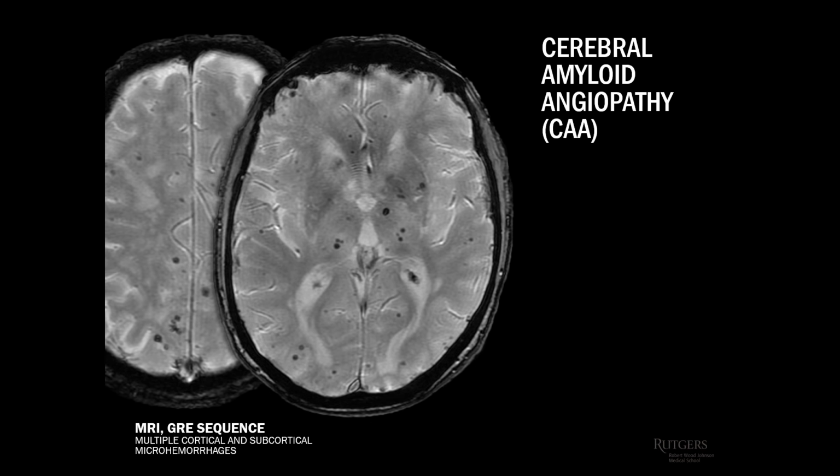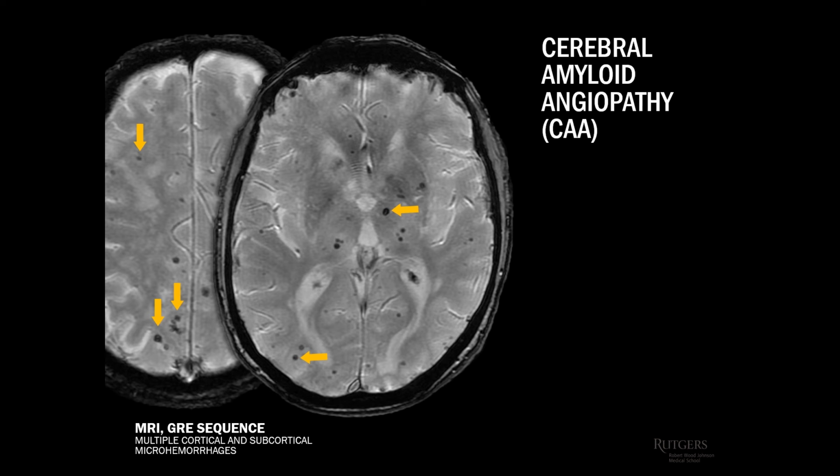Here's yet another example of a cause of lobar hemorrhages. This is the gradient echo or GRE sequence of the MRI, and you're looking at different axial cuts on the same brain. It's especially good at detecting hemosiderin, which is a byproduct of blood, as you know. So here you can see a plethora, nay a multitude, nay a cornucopia of tiny subcortical and cortical microhemorrhages.